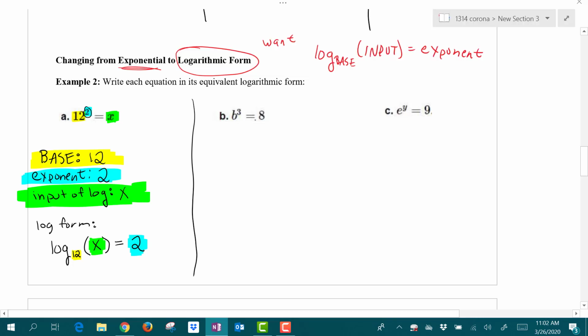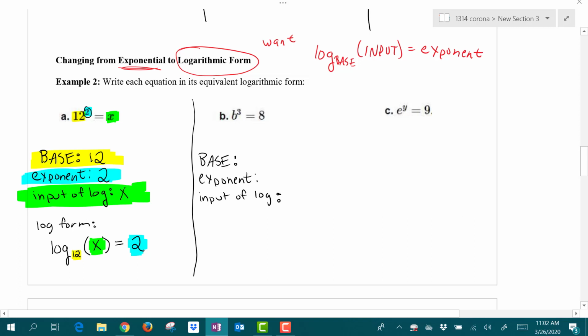Alright, so here we are in exponential form, and we're asked to convert to log form. So we're going to identify the 3 moving parts. What's the base? What's the exponent? What's the input of the log? The exponent might be the easiest thing to start with.